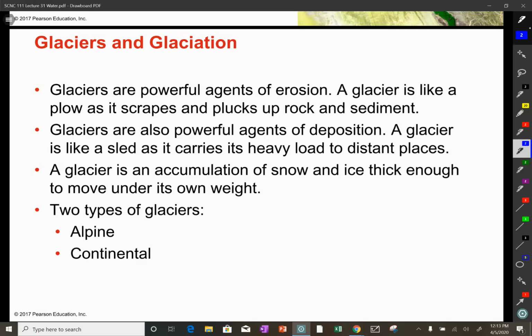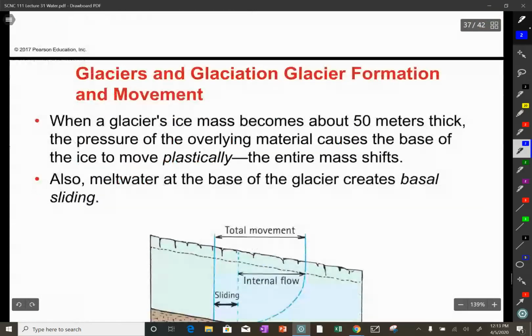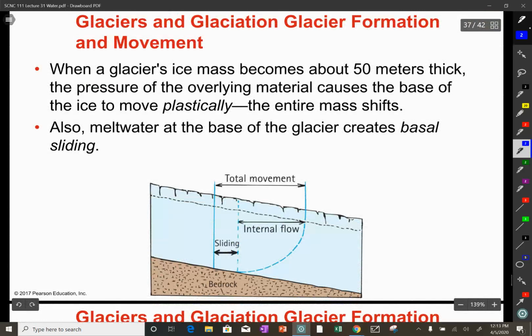And so you grow a bigger and bigger sheet of ice. And if you have a slope, then the pressure difference will actually make the glacier flow. And so it has plastic deformation. That means it deforms in a manner that makes it permanently deform.